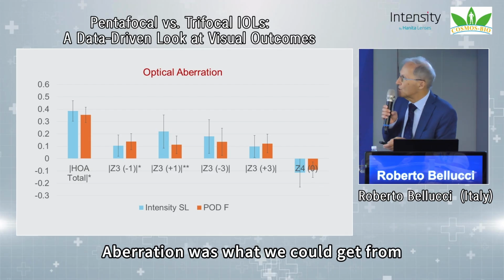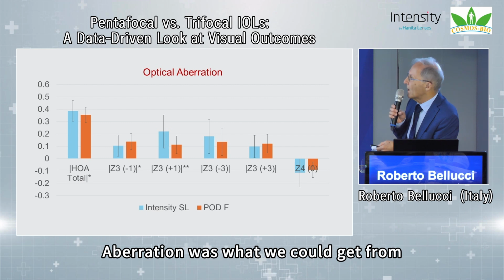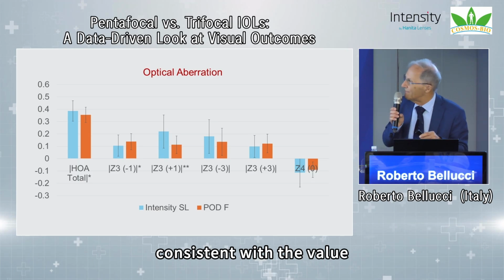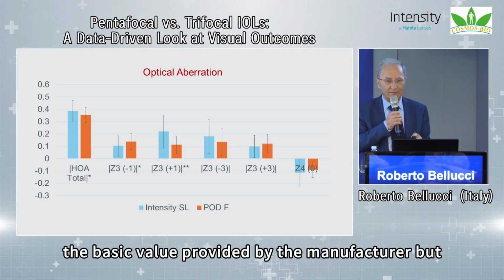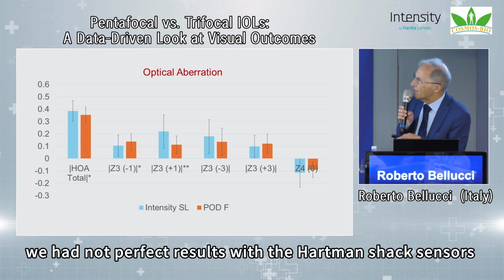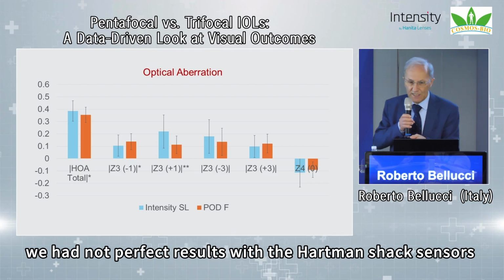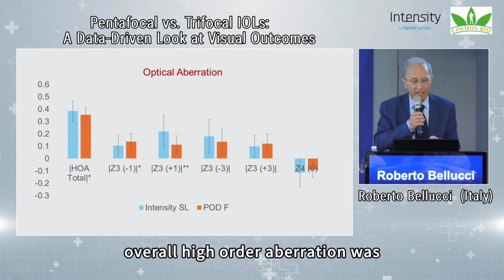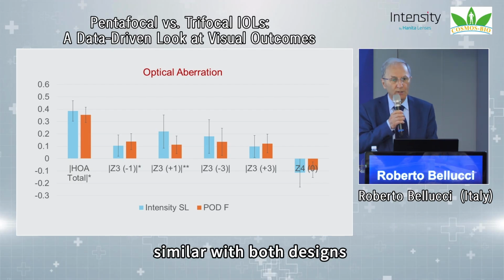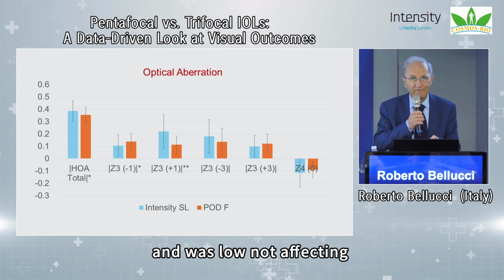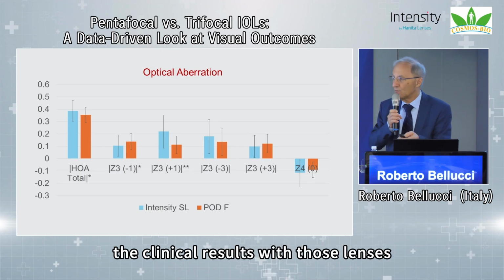The spherical aberration was what we could get from those two lenses. It was consistent with the basic value provided by the manufacturer, but we had not perfect results with the Hartmann-Shack sensors, although the overall high-order aberration was similar with both designs and was low, not affecting the clinical results with those lenses.